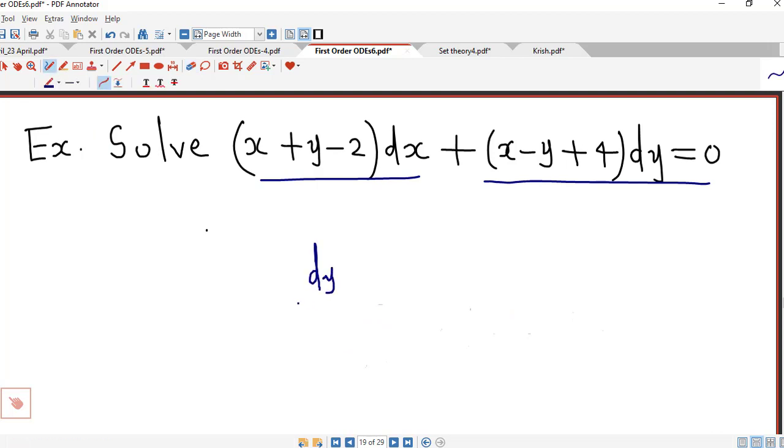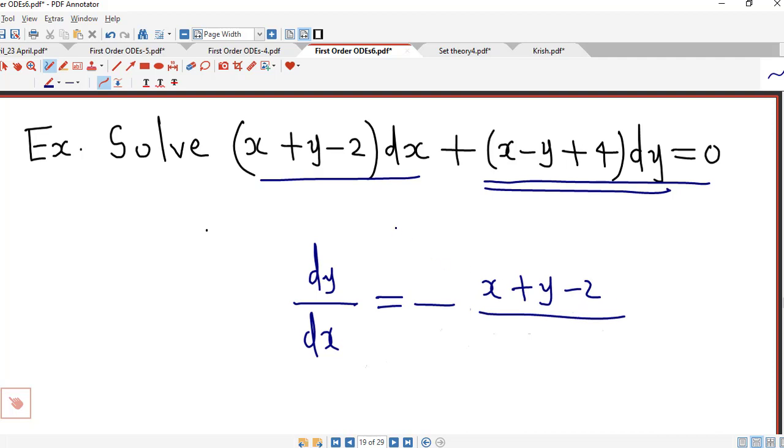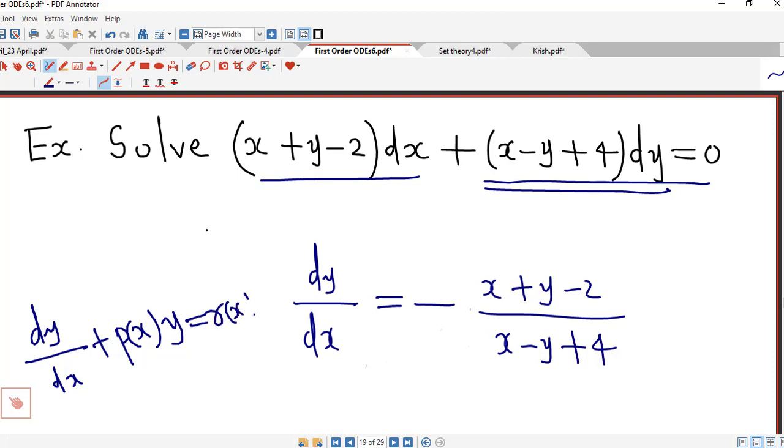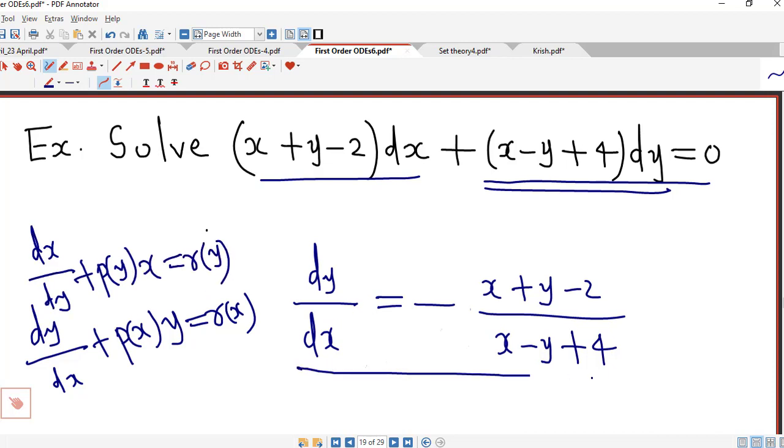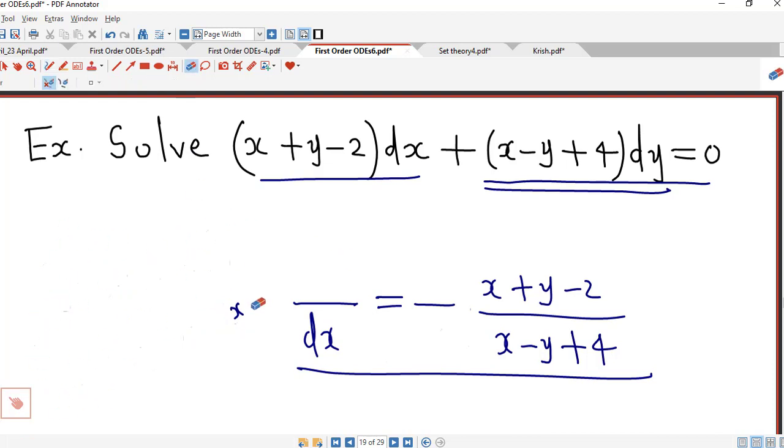So if we find out dy by dx, first we will take this term on right hand side, and then we will have dy by dx equal to (x plus y minus 2) over (x minus y plus 4). So here it is not possible to write this equation in this form, dy by dx plus p(x) into y equal to r(x), or dx by dy plus p(y) into x equal to r(y). So this equation is not separable as well as not linear.